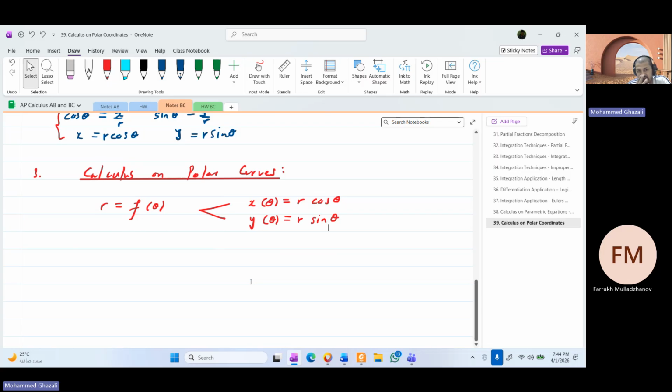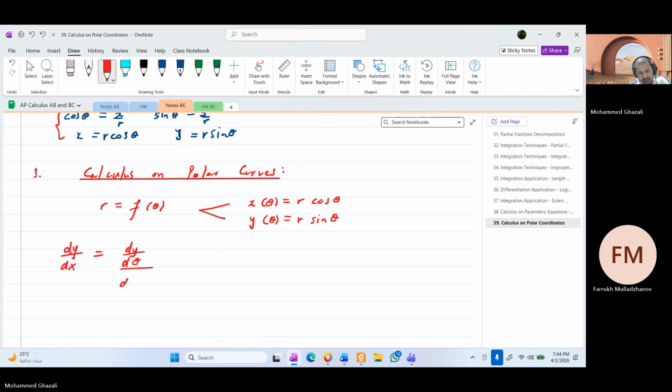Now, if we want to find dy dx, we need to say dy d theta over dx d theta, because y is a function in theta and x is a function in theta.